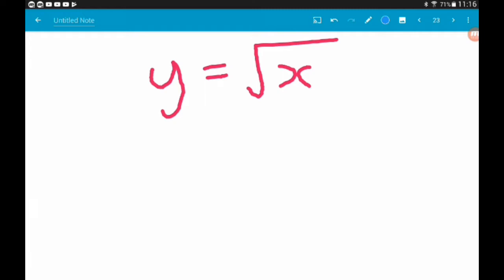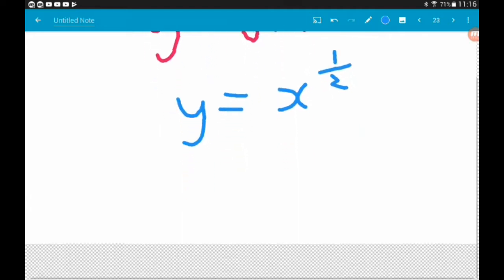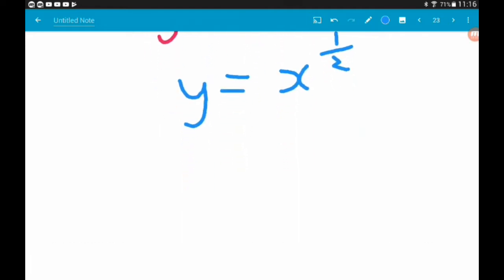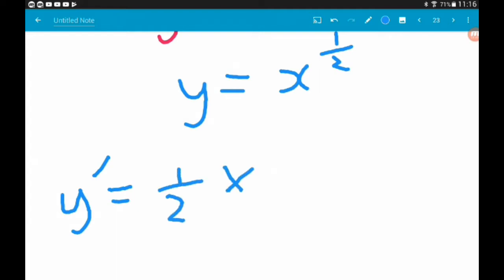So we would first rewrite this as y equals x to the 1/2. Okay, so now we're going to differentiate. So y dash is, well, 1/2 comes down. So we're going to get 1/2 times x to the 1/2 minus 1.